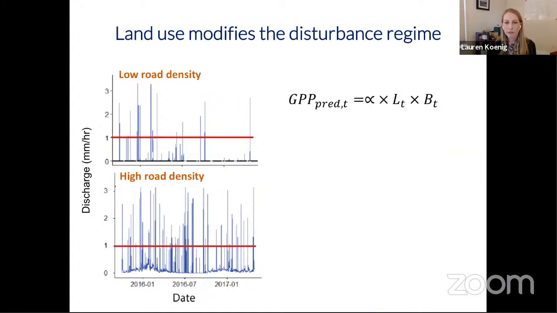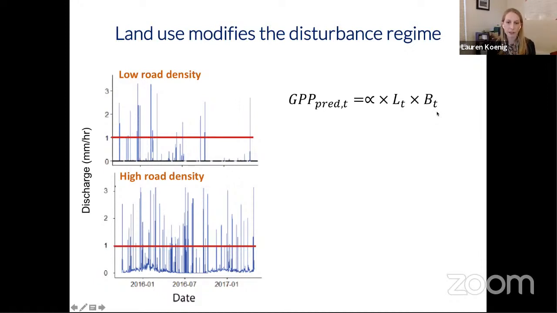And so briefly, before in GPP max predictions, we were really using estimates of photosynthetic light use efficiency, here alpha, and daily estimates of light to predict GPP. We included this relative biomass term, as I'll call it, because this is biomass relative to some carrying capacity.